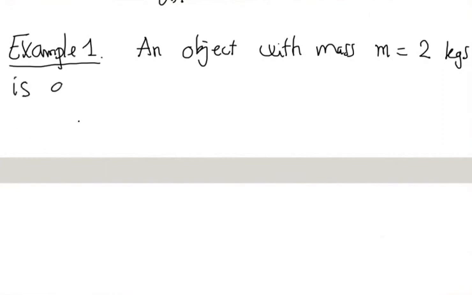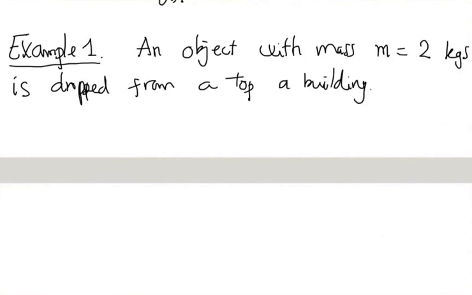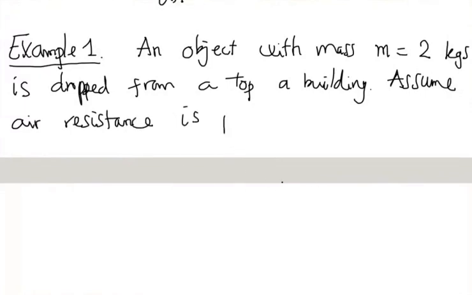This object is dropped from the top of a building. And we assume air resistance is proportional to the velocity of the object.